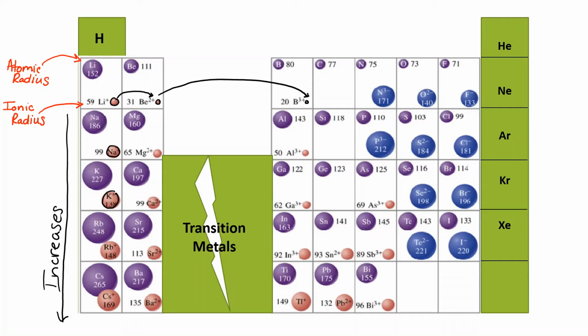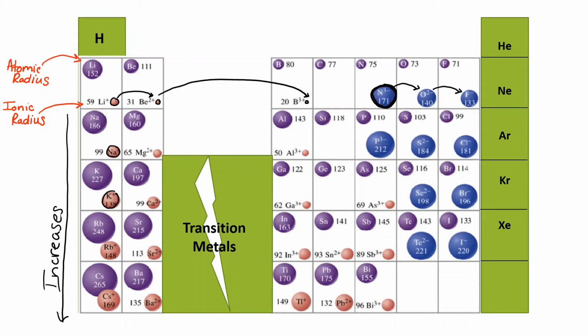But then, as soon as we get to the negative ions, or the elements that want to gain electrons, it gets huge. And then it gets smaller and smaller. So the trend is, in our cations, or our positive ions, it gets smaller as we go to the right. It gets huge. And then it gets smaller as we go to the right again.